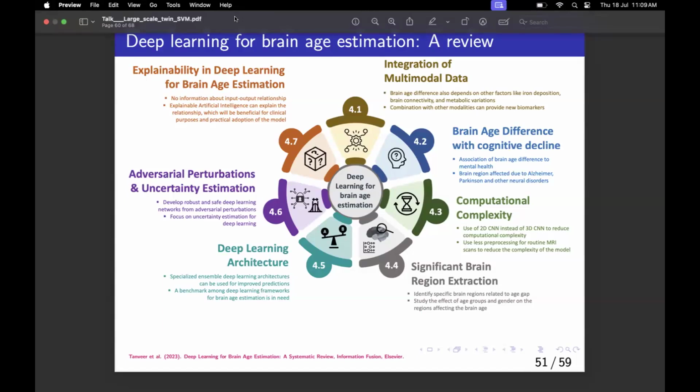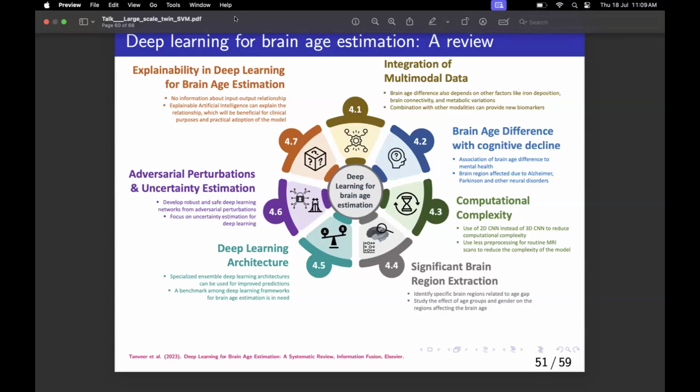In this work, we categorize brain age estimation models based on deep learning architecture. We classify deep learning architectures based on slice-based or voxel-based input data, and we examine modality, size of data, performance, and datasets used. We have enumerated several challenges and directions. You can see explainability in deep learning, since we know that there is no information about the input-output relationship.